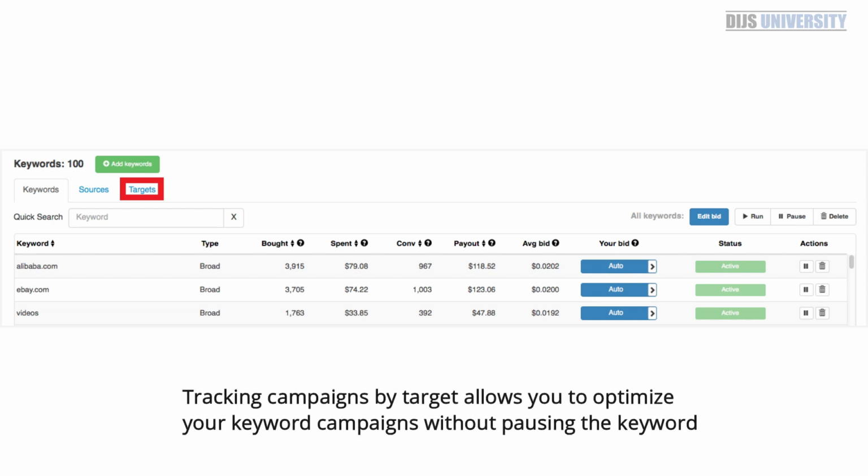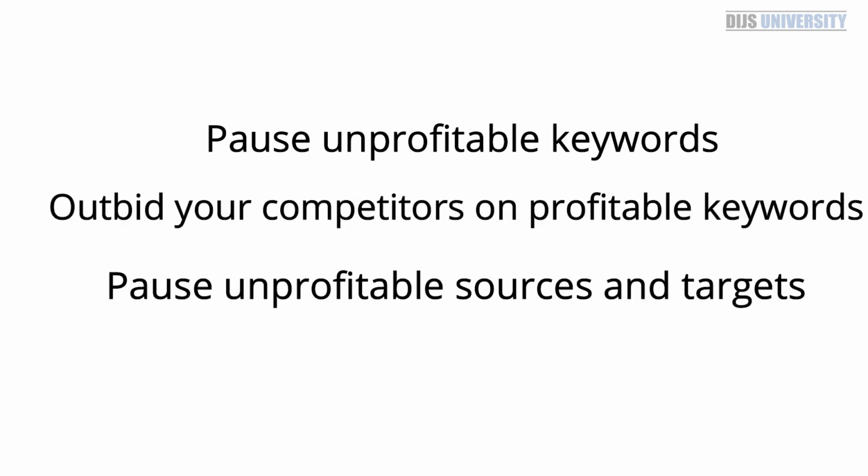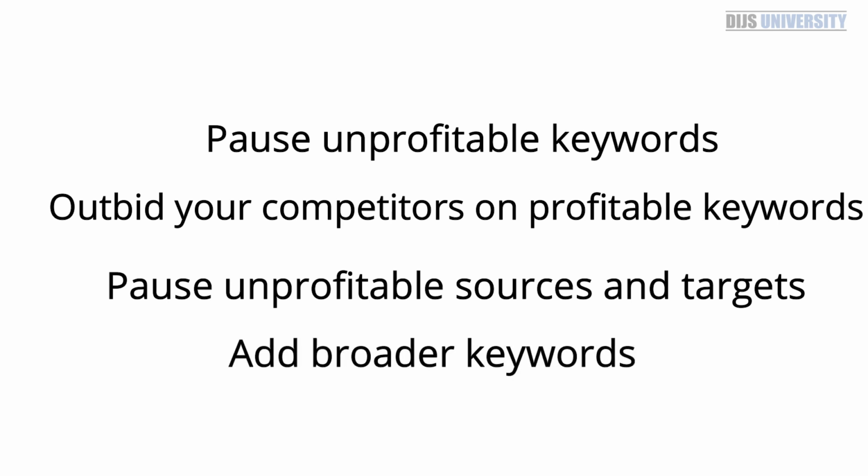Tracking your campaigns by target allows you to optimize your keyword campaigns without pausing the keyword. In order to optimize your keyword campaigns, you can pause unprofitable keywords, outbid your competitors on profitable keywords, pause unprofitable sources and targets, or you can add broader keywords.